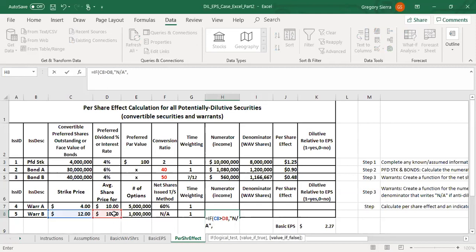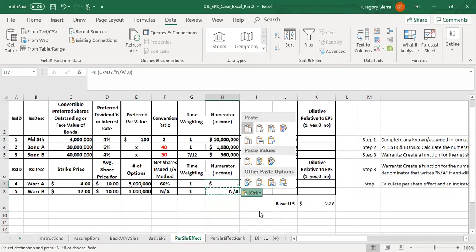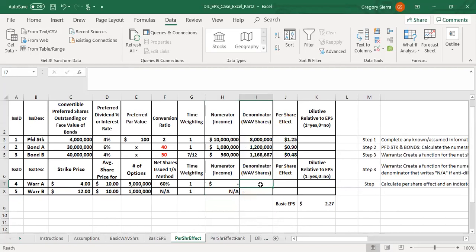Otherwise, the income, this is the easy part, is always 0 whenever it's anti-dilutive because there's no per share effect. Excuse me, there's no income effect for warrants, for options. Okay, the denominator, it's a little more confusing. So we have to go with our if statement again.